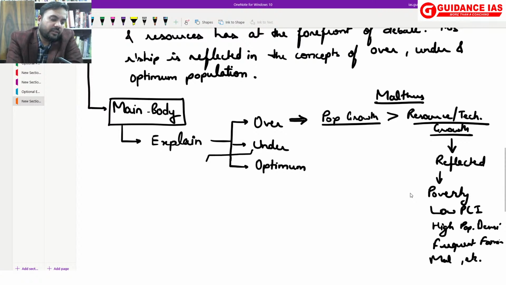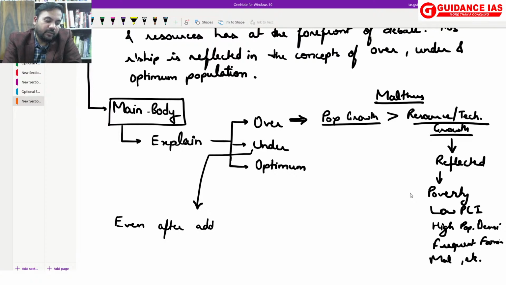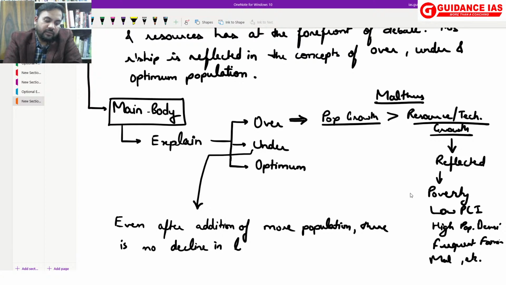Underpopulation is a situation where even after addition of more population, there is no decline in living standards.